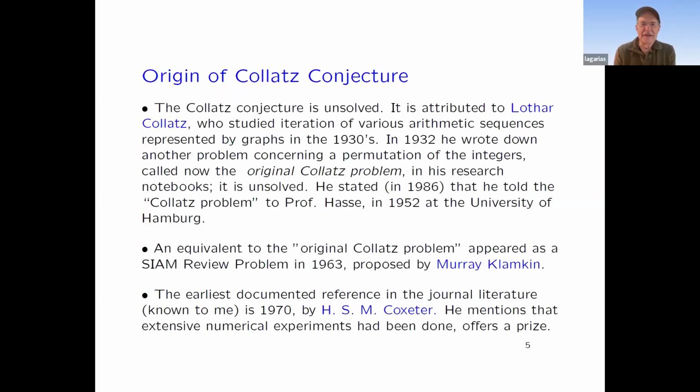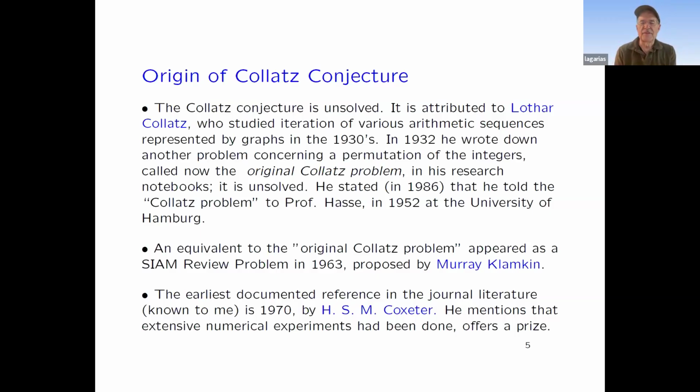The origin. The Collatz conjecture is unsolved, and it's attributed to Collatz. He wrote various letters to different people. I've seen different numbers. The one he wrote me said that he invented another problem in 1932, which I would call the original Collatz problem.